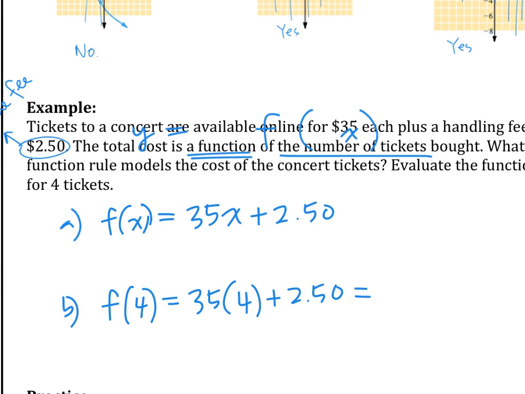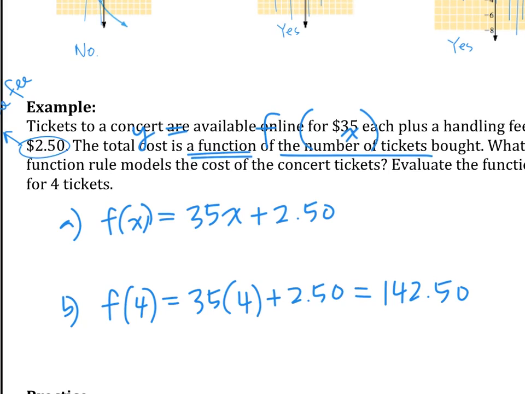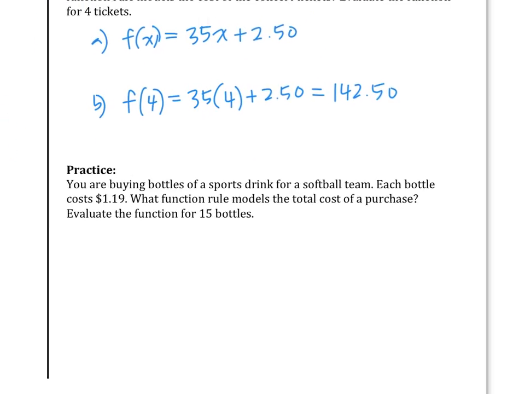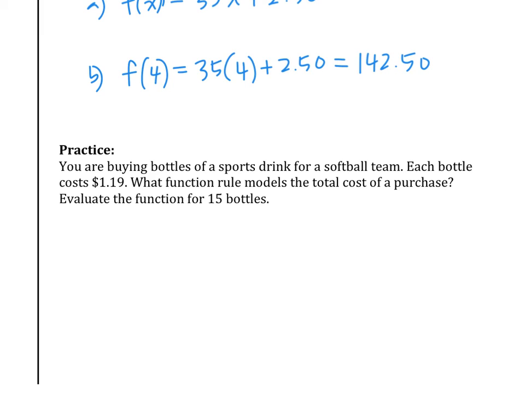Yes. Good. All right, let's have you guys practice. All right, first you have a function that is 1.19x. And you're evaluating for 15 bottles, so that's going to be 17.85.